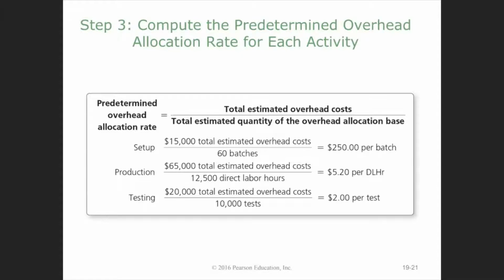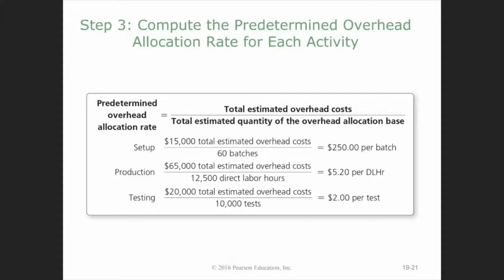So here we're just looking back. On the previous slide, it told us 40 batches, 60 batches. It gave us the direct labor hours. It gave us this information on the previous slide. So now we're going in and saying, okay, for our setup, we've got this 15,000.